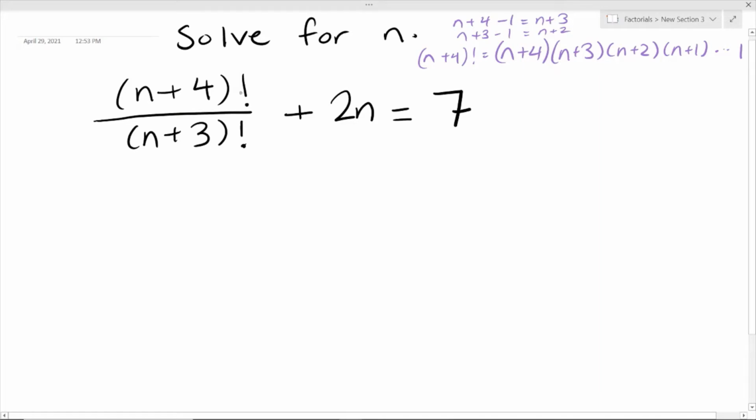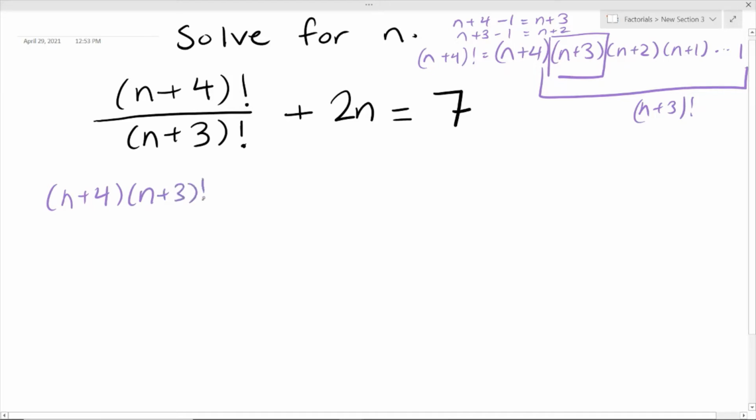Now here we have n plus 4 factorial, we have n plus 3 factorial, and we can recognize that n plus 4 factorial has an n plus 3 in it, right? And from here onwards, this is just basically n plus 3 factorial. So we can rewrite this n plus 4 factorial as n plus 4 times n plus 3 factorial, because here it's n plus 4, right?